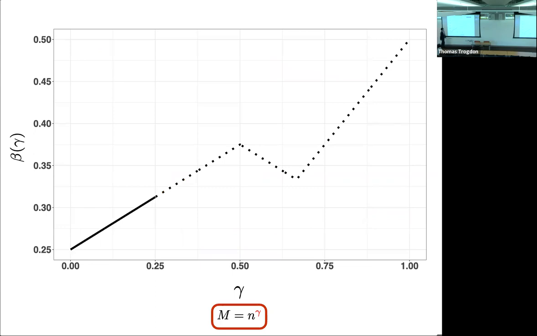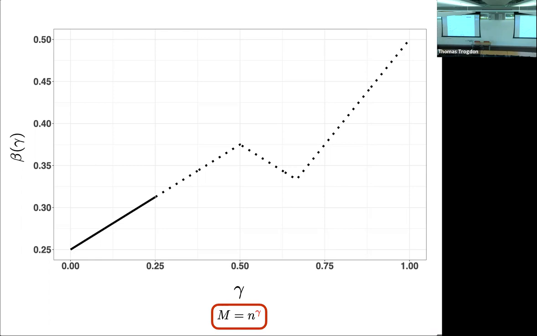I have to explain it. Essentially, beta gamma is the detection boundary of our proposed statistic, and on the x-axis is how fast M will grow to infinity with n. We can show that if M is growing to infinity nearly as n, so if gamma is close to 1, then we can reach the parametric detection boundary, that is 1/2, on the far top.